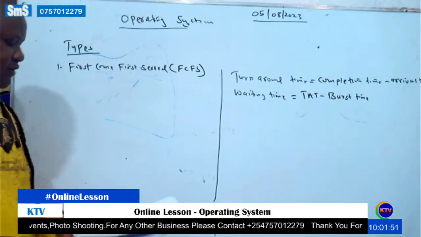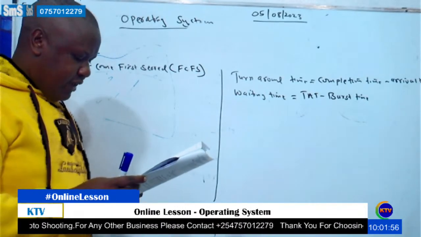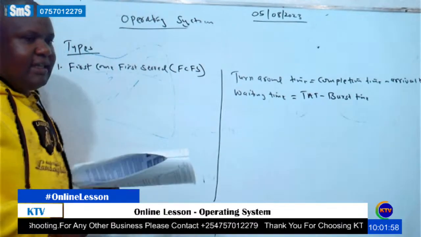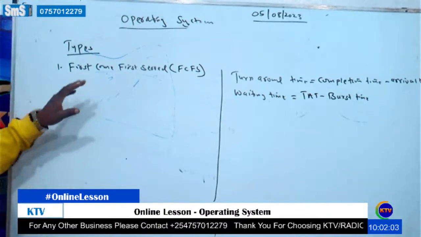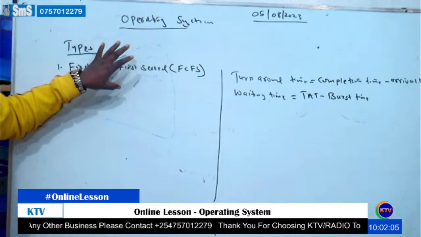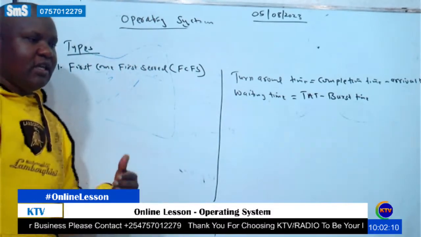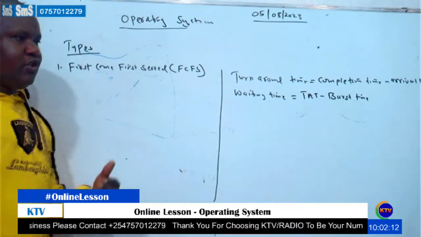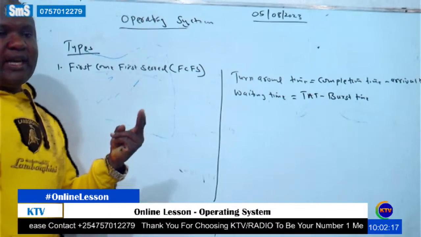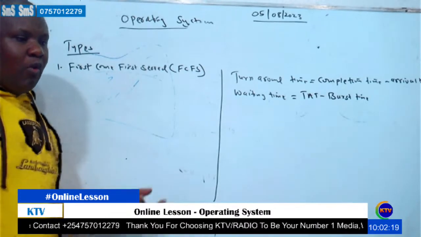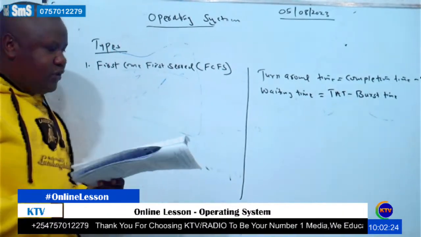First come, first served: the process which arrives first in the ready queue is first assigned the CPU. So in this algorithm, we focus much on the arrival time. In the case of a tie, where two processes arrive in the ready queue at the same time, the process with the smaller process ID is executed first.